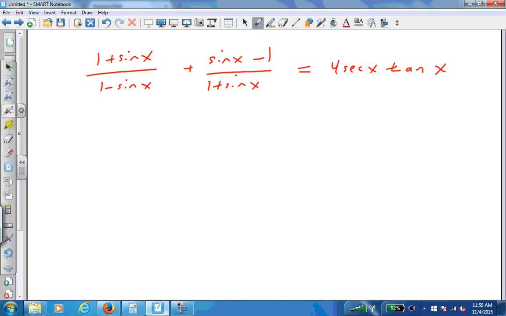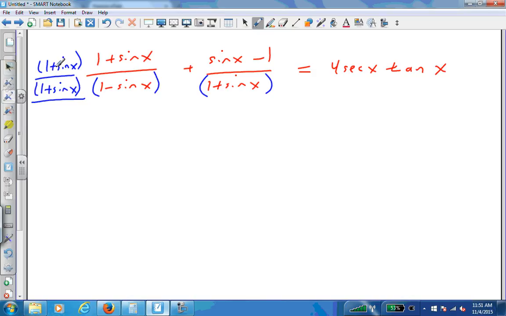Common denominator. What would that common denominator be? That whole thing is one factor. That whole thing is one factor. The product of those on bottom. So the first fraction needs a 1 plus sine x on top and bottom. If I multiply by a 1 plus sine x on bottom, I have to do that on top. Be careful that you don't say, well, I've already got a 1 plus sine x.